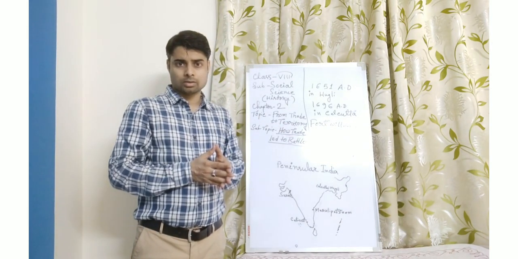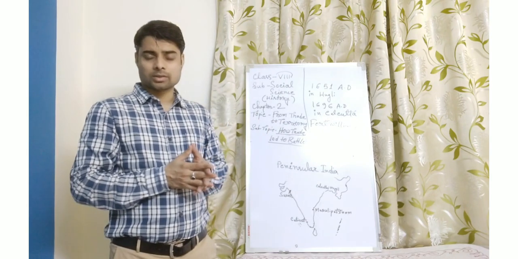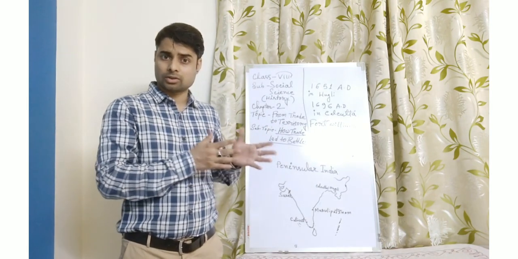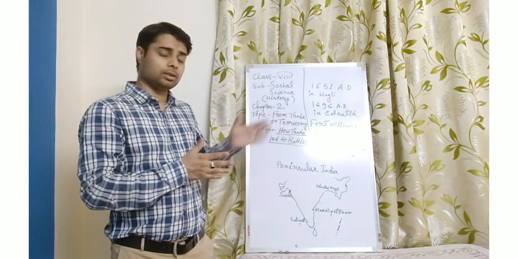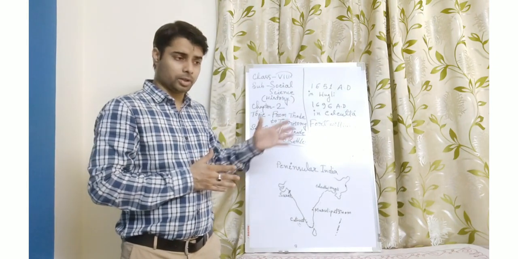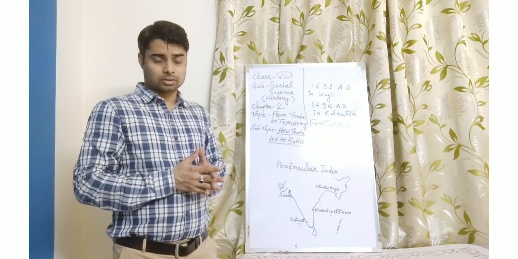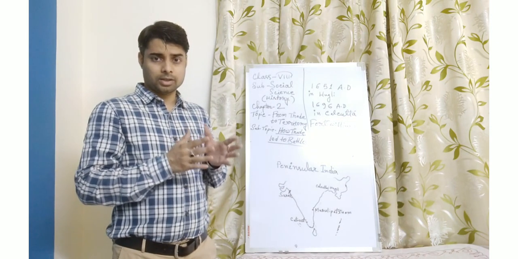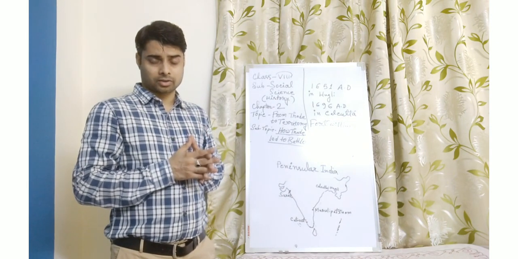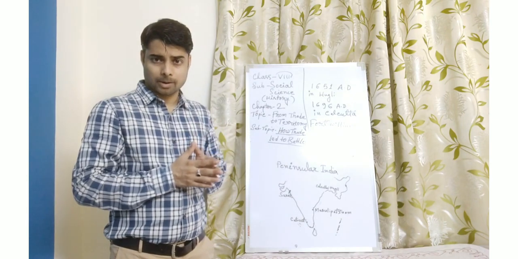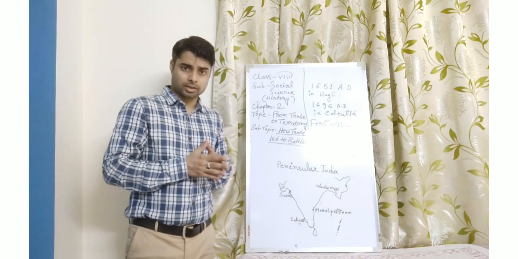But the Company was not sending any tribute at the coronation of the Nawabs. So it was a very disrespectful act for the Nawab, and the Nawab became very angry.